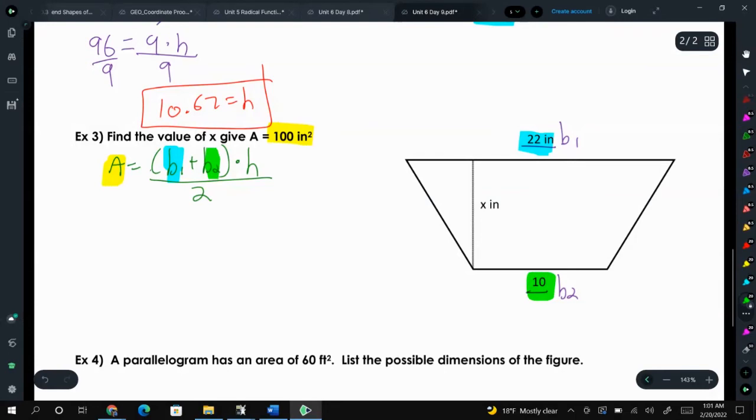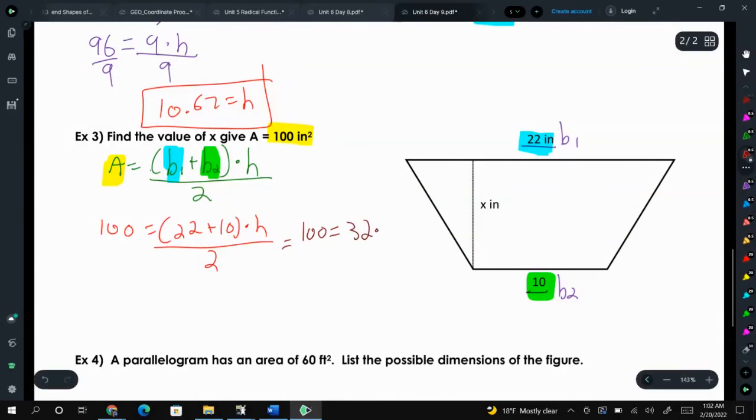And our base 2 is 10. So let's substitute those in. 100 equals 22 plus 10 times h divided by 2. Then we get 100 equals 22 plus 10 is 32, so 32 times h divided by 2.